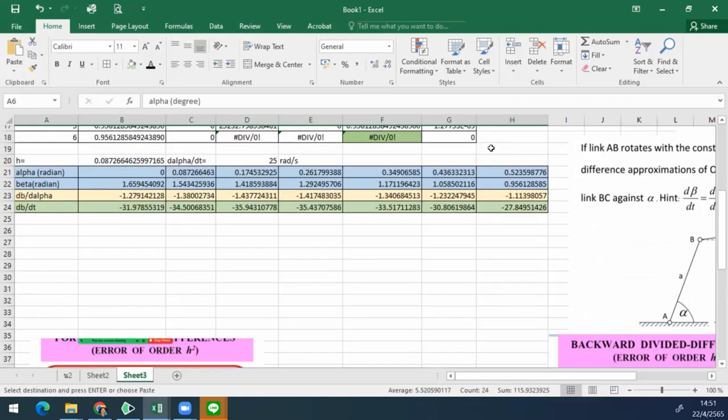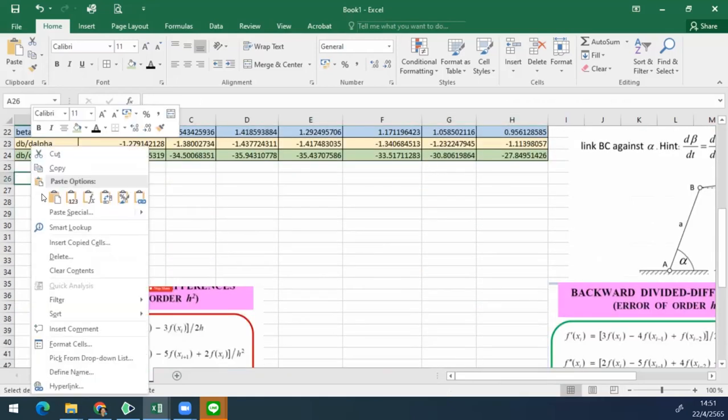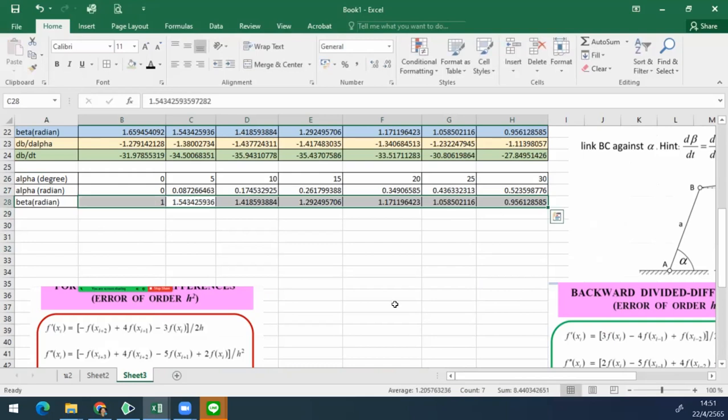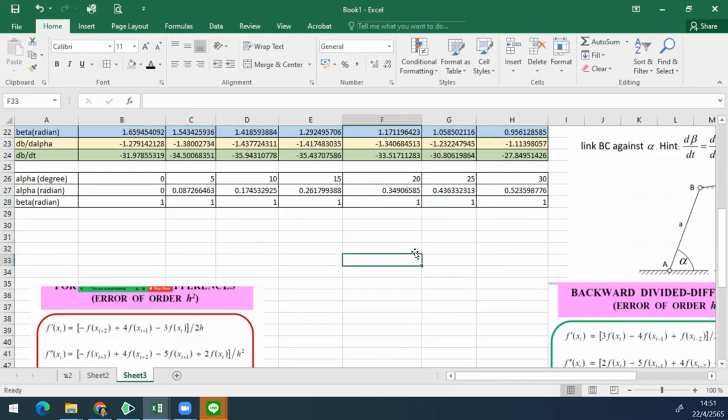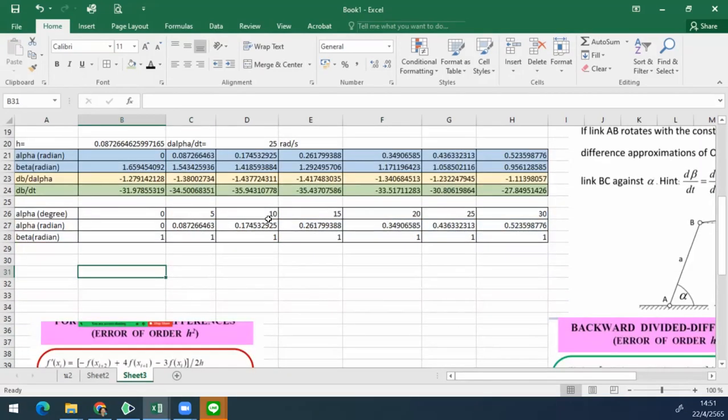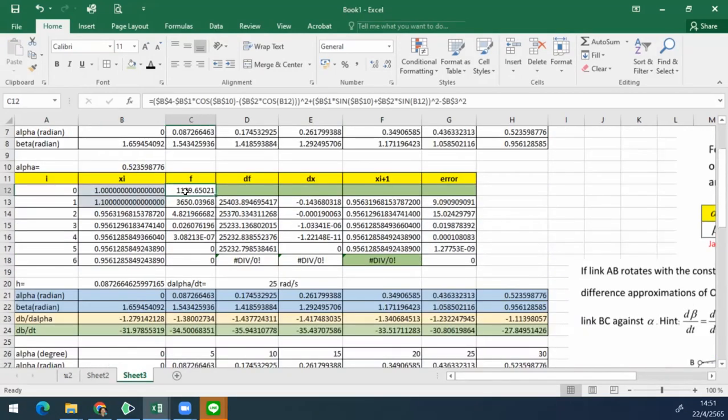And actually, for this table, you can use the Goal Seek function in Excel to do it also. For example, if I change it to B1, and I would like to determine the constraint equation, right? The constraint equation is maybe something like this.